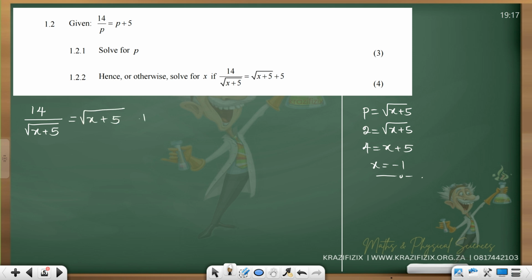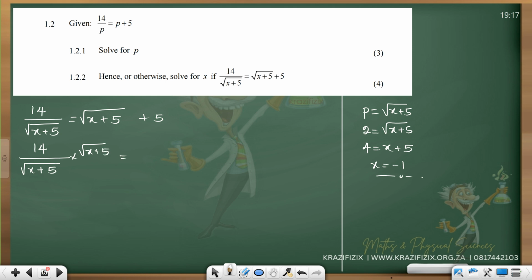Okay, look at this. I am going to multiply with root of x plus 5. If I do that, it cancels this one automatically. Root of x, let me show you that step. I think it might just be worthwhile. Multiplied by root of x plus 5.